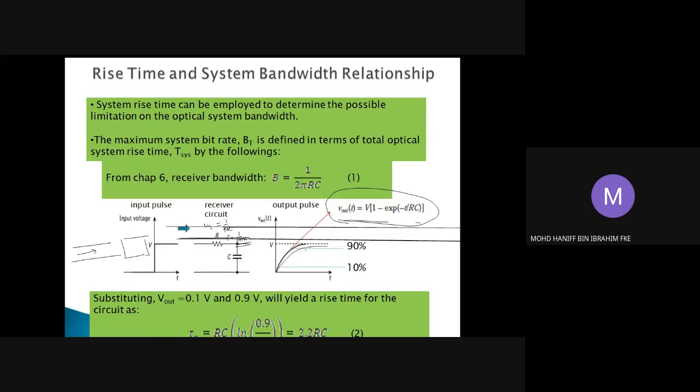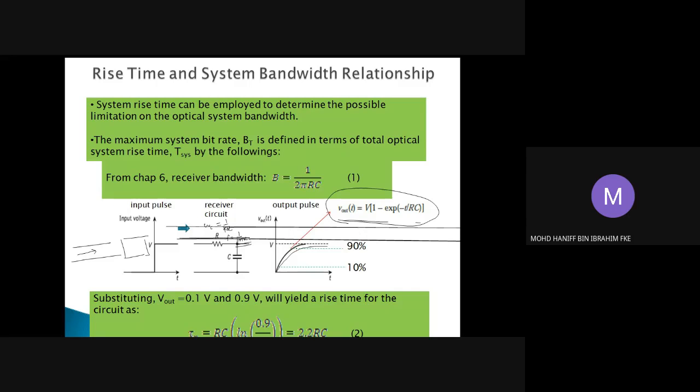From this output waveform in the time domain, we can measure the rise time of the output voltage, because we want to find out the relationship between the rise time and the bandwidth.